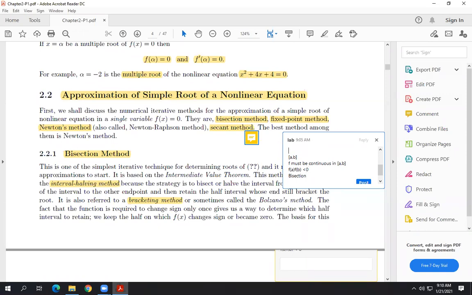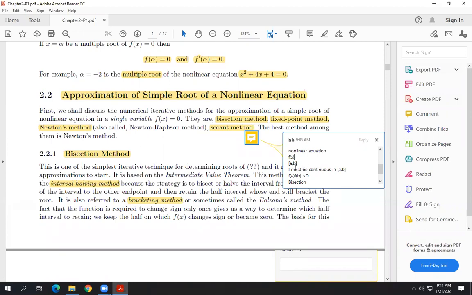Teacher gives you first the nonlinear equation. And from the nonlinear equation, what is your job to do? You find out the function. And I told you how to find the function. Take all the terms on one side, make one side equal to zero.